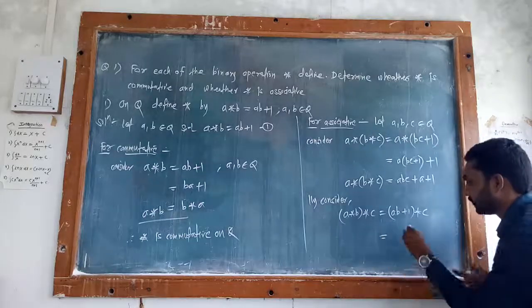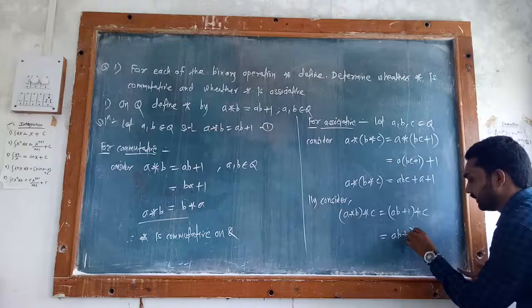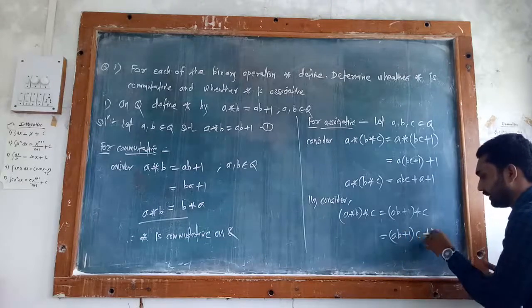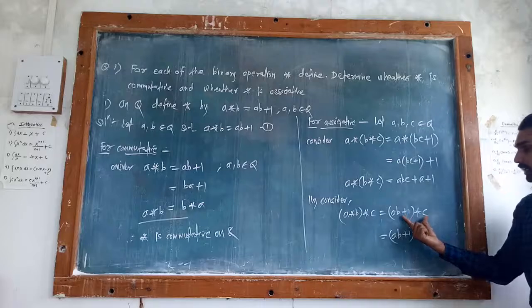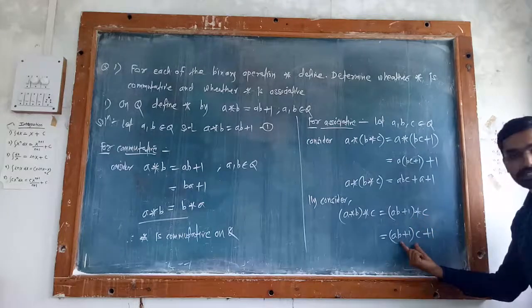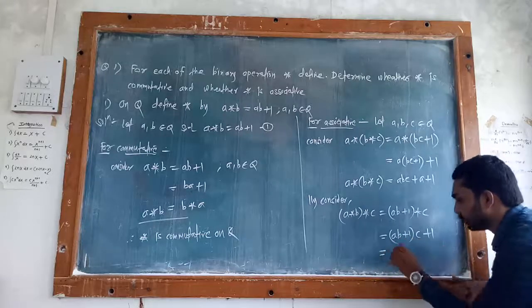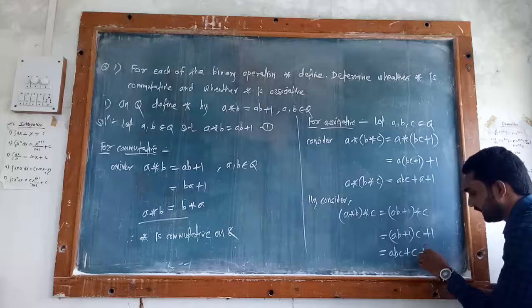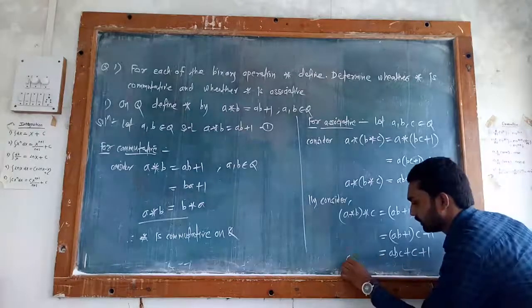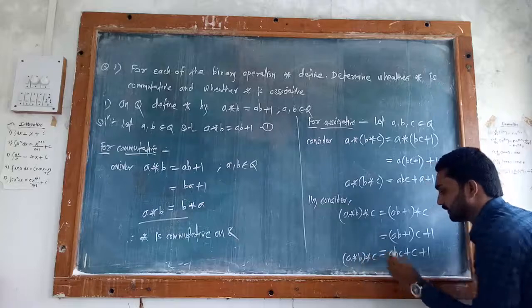It gives the product of those values, that is AB plus 1 into C, plus 1. From equation 1, star of those values is the product of the values as it is, plus 1. Now simplify this: AB into C becomes ABC, plus C into 1 becomes C, plus 1. So this is your A star B, then star with C.